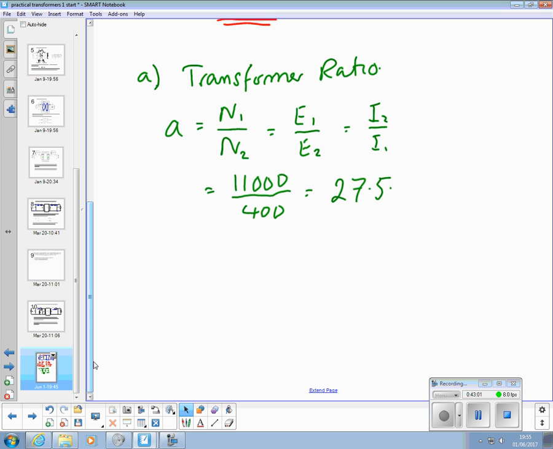So, full load current. There's a second thing that's asked for.